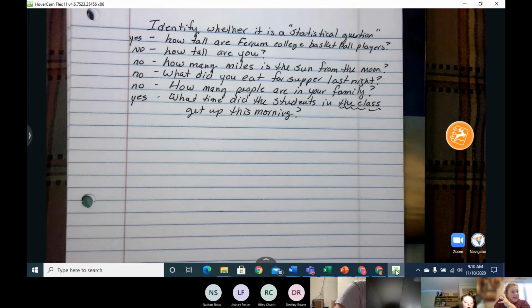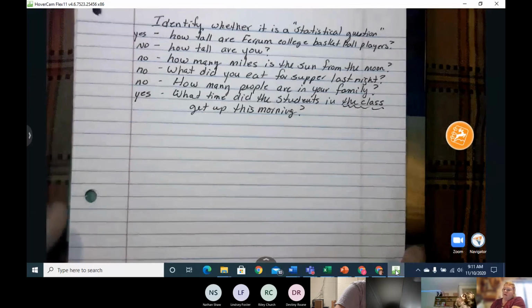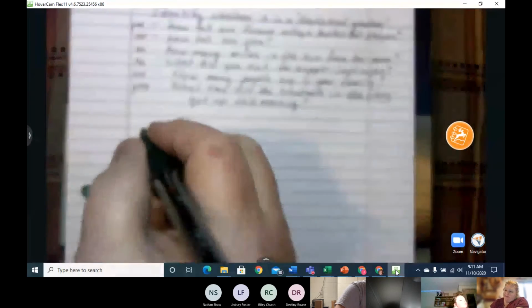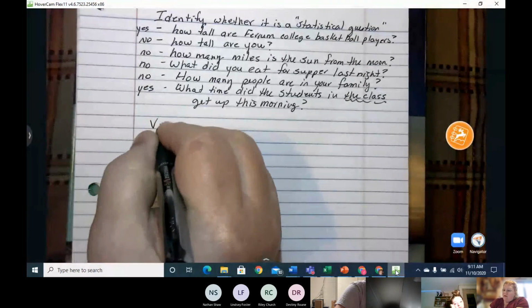So that is one of the first steps of looking at being able to develop sampling, is look at the statistical question. All right, the next part of sampling is to look at the variables.